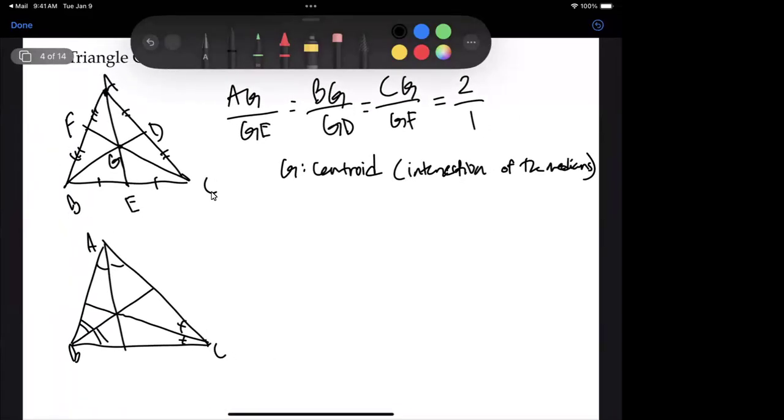So it's going to be the center of the circle that's inscribed within the triangle. That does not look very accurate, but it is. We usually denote it with I, so I is the center.